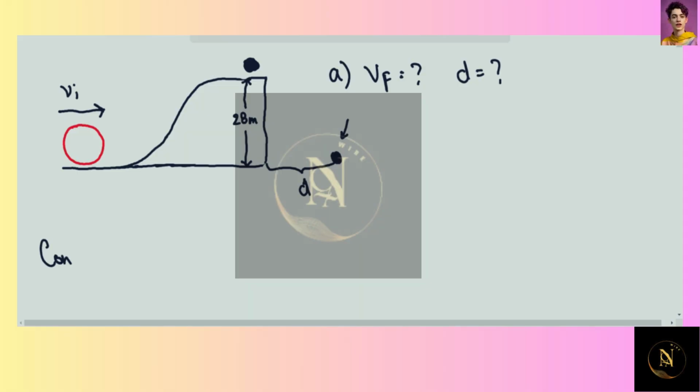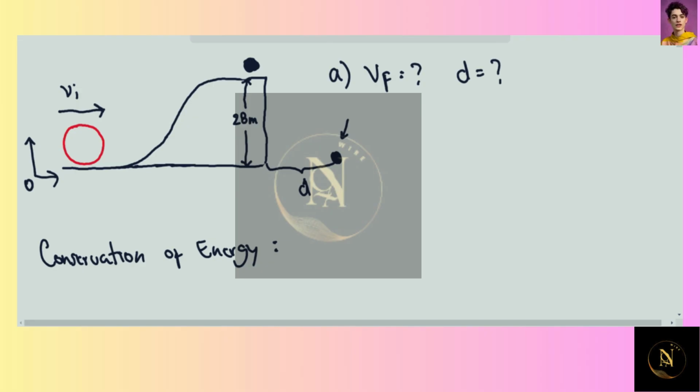So beginning with conservation of energy, we are going to set this first point here as the zero of potential energy.